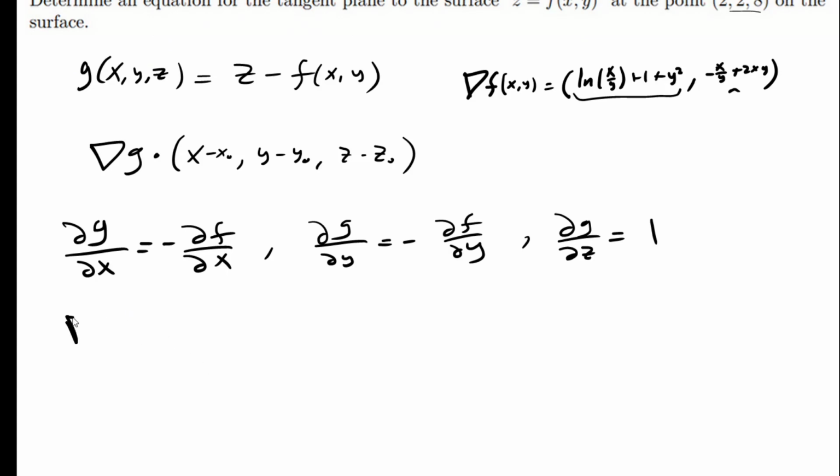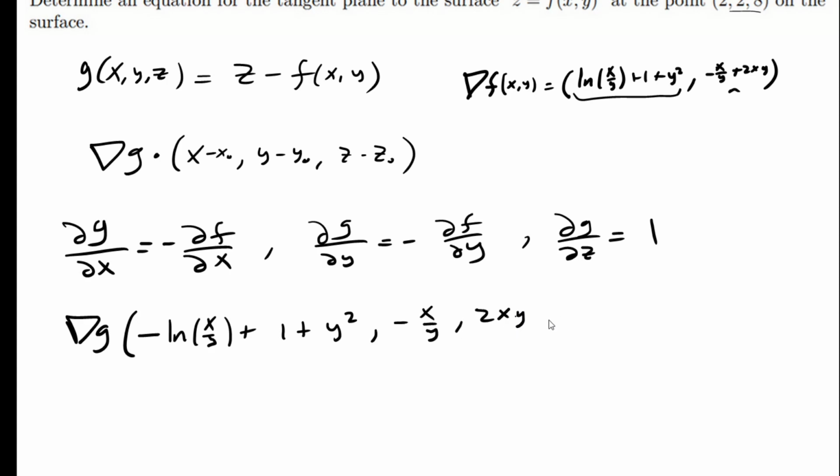So the gradient of g is negative ln x over y plus 1 plus y squared minus x over y, 1. And actually, I forgot to mention this.